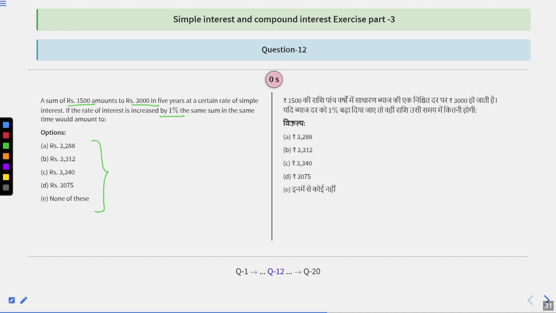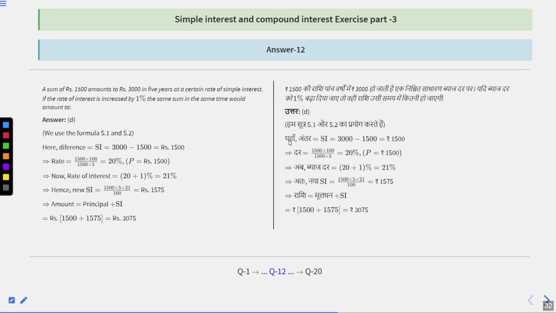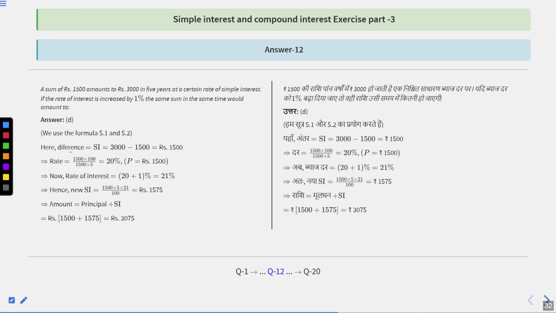Now time's up. Let's see the solution. The difference, SI, is 3000 minus 1500, which is 1500. It is given that a sum of rupees 1500 amounts to rupees 3000. So what will be the simple interest, which is 1500? So what will be the rate of interest? 1500 multiplied by 100 upon 1500 multiplied by 5, which is 20%.